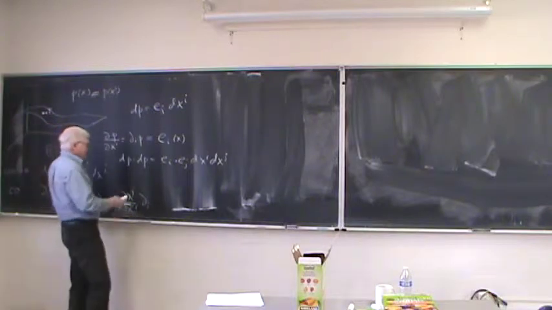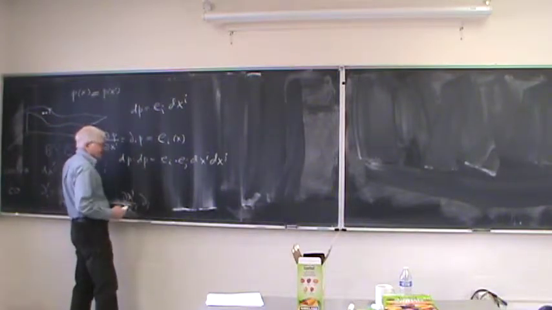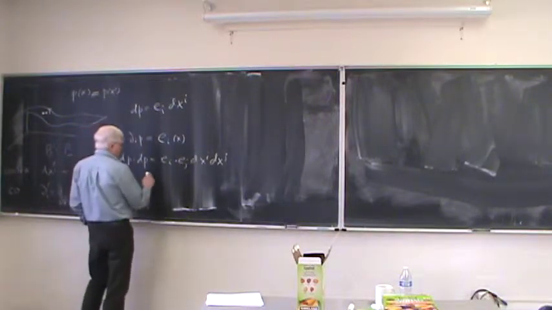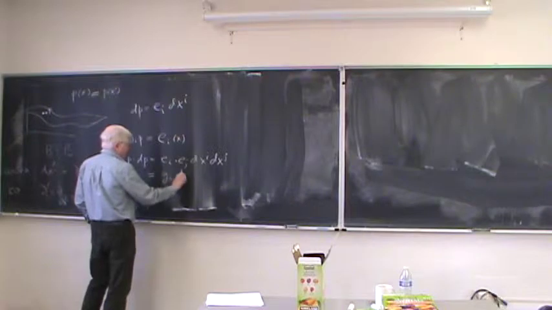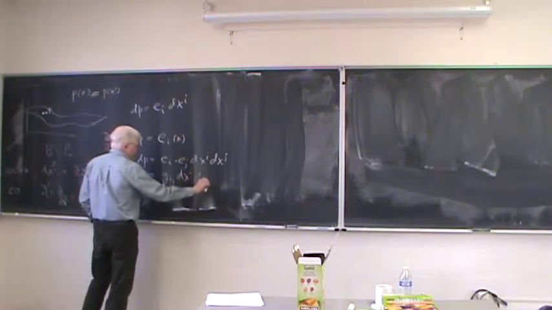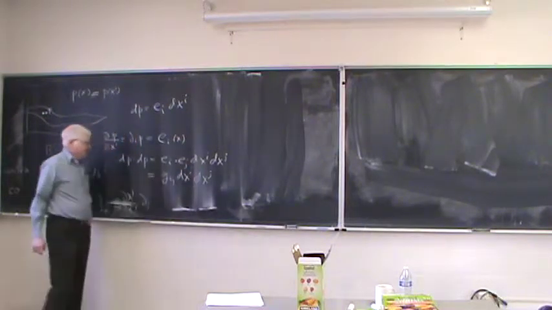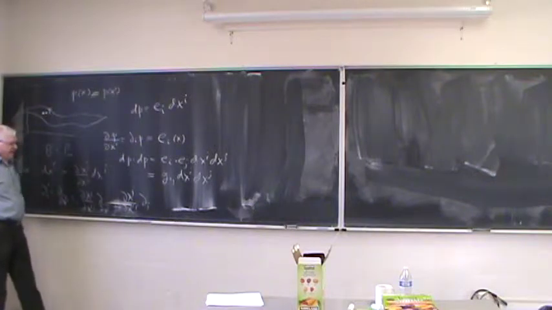So the point here is that we can call this gij. And we expect this to be both physical and to be invariant under changes of coordinates.